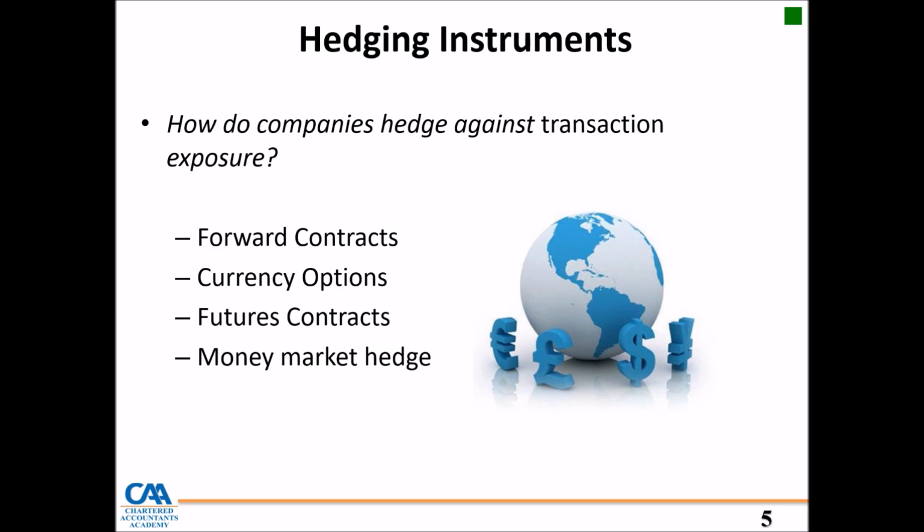Since I am a buyer, I'm inclined to enter into or to purchase a call option. So I can buy a call option on the what? On currency, meaning I can enter into a contract which gives me a right but not an obligation to buy foreign currency from the bank.